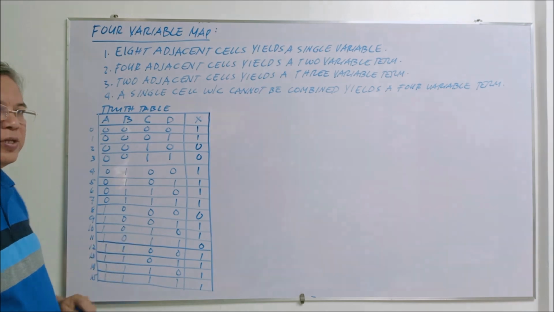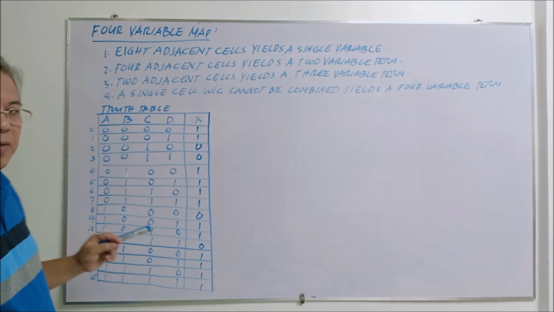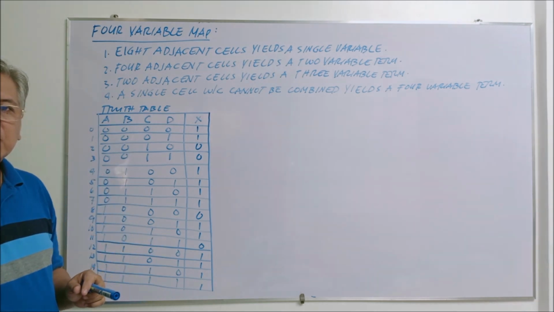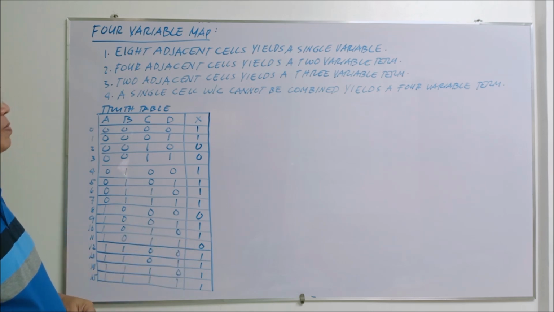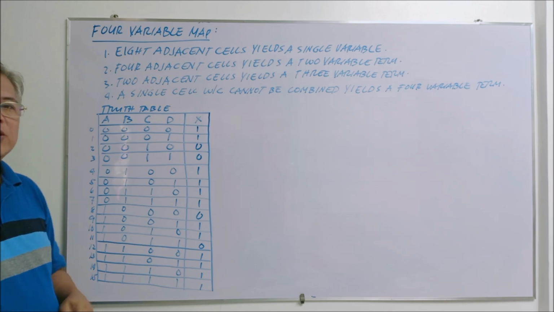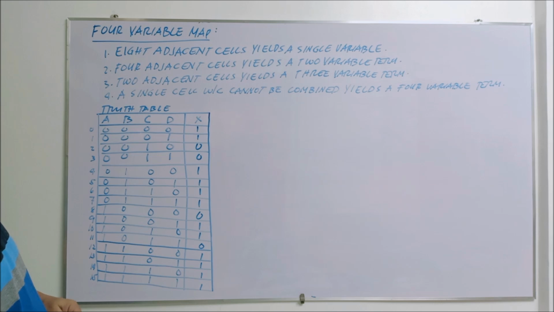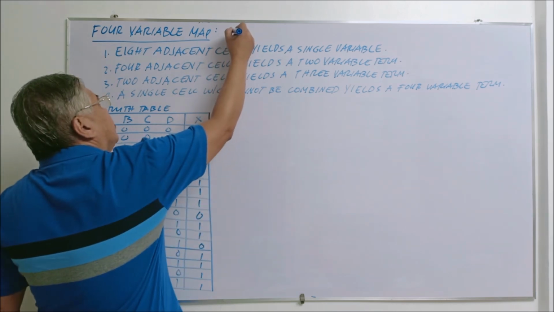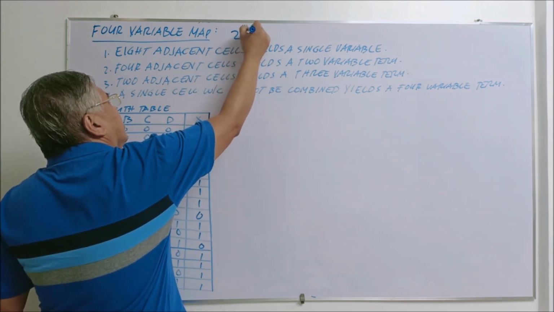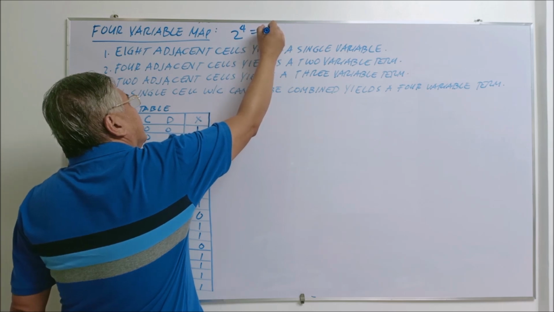The table was taken based on a particular problem. So later on, we will have a sample problem. How many cells do we need in order to satisfy a 4-variable map? You have 2 to the 4 is equal to 16.